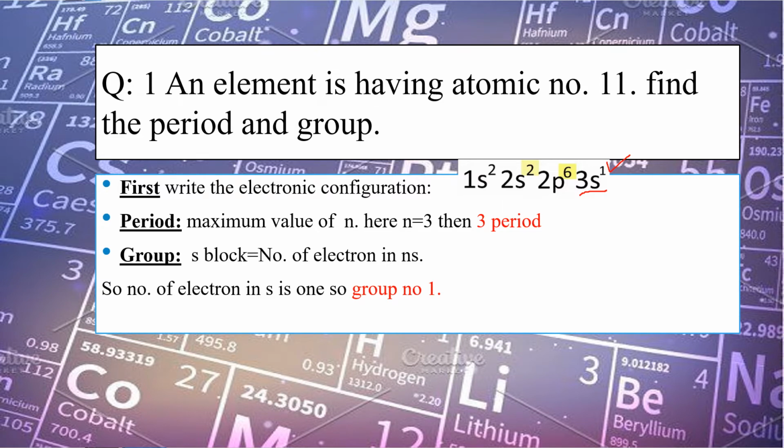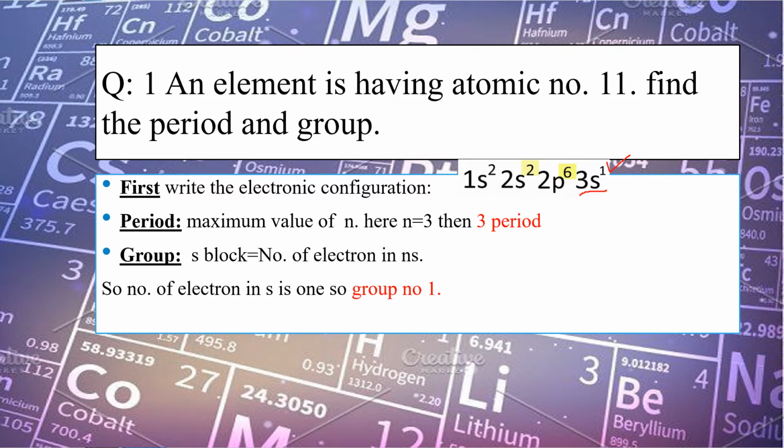For example, an element has atomic number 11, find the period and the group. First thing you have to do is write the electronic configuration: 1s2, 2s2, 2p6, 3s1. To find the period, we studied the maximum value of n.